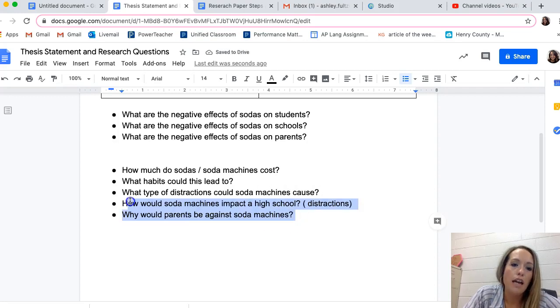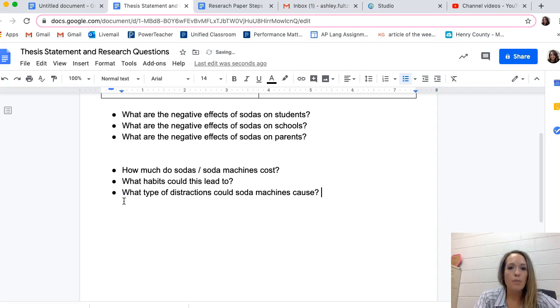And there, that one ties in numbers 3 and 4 into a nice little bubble. And you could even elaborate on the negative effects. You could think about long-term effects in terms of grades, as well as maybe your attention span.